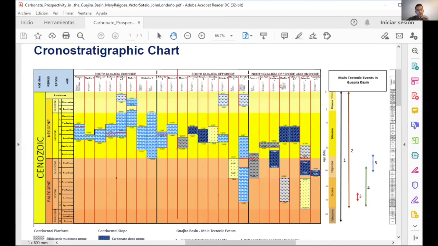The bricks are the symbol for the carbonate ramp, and as you can see, the age dated for each well varies from Eocene to Upper Miocene.